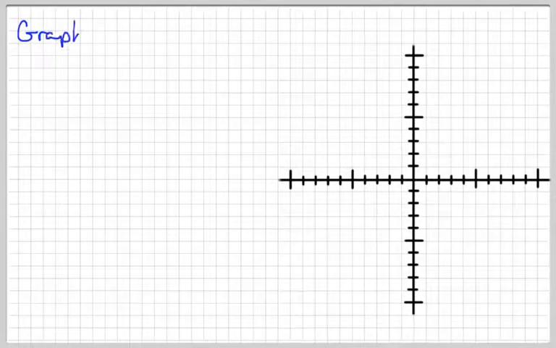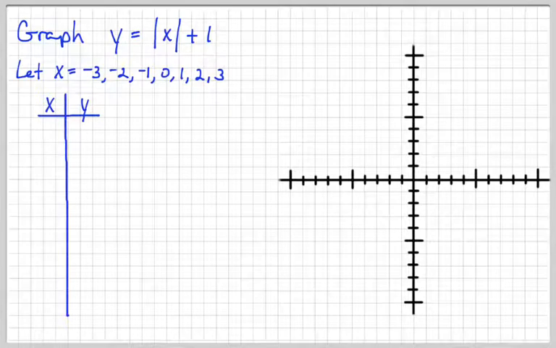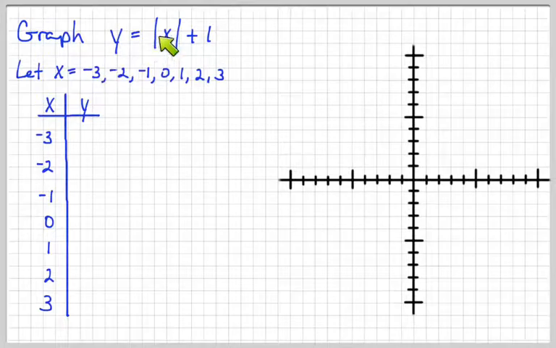Our next equation will be to graph y equals absolute value of x plus 1. So I'm going to use the same x values again, same table. And this time when I plug in the x values, you know absolute value turns a number positive. So when I do the absolute value of negative 3 plus 1, that's 3 plus 1, which is 4.